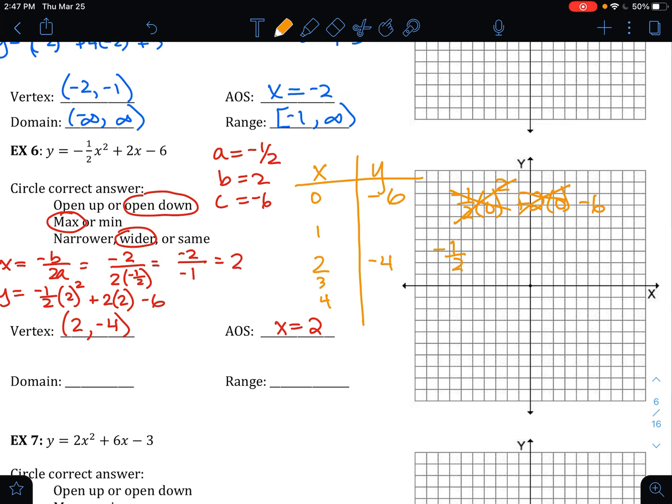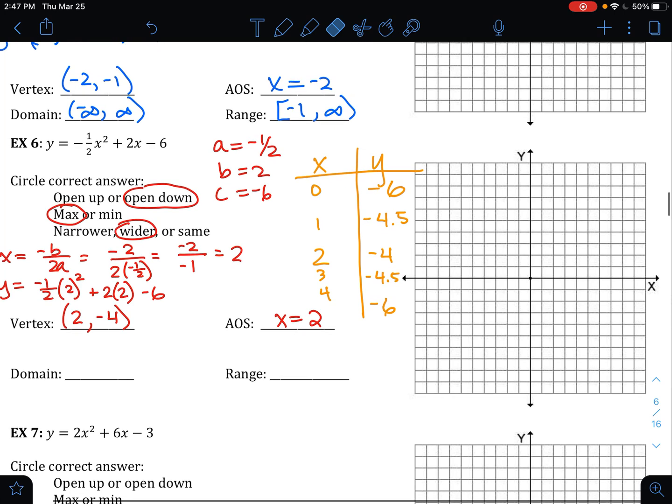Let's plug in 1. So I've got -1/2 times 1 squared plus 2 times 1 minus 6. Now, when you calculate this, you're going to get a decimal. So I'm going to just keep it as a decimal, -4.5, because those are easier to graph. So if I use symmetry, this would be -4.5, -6.